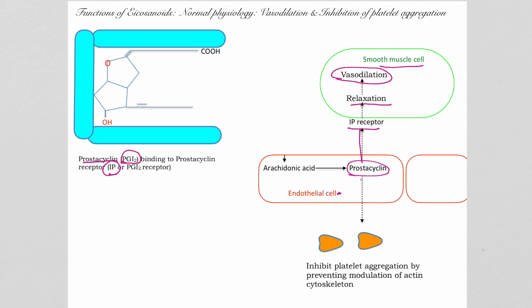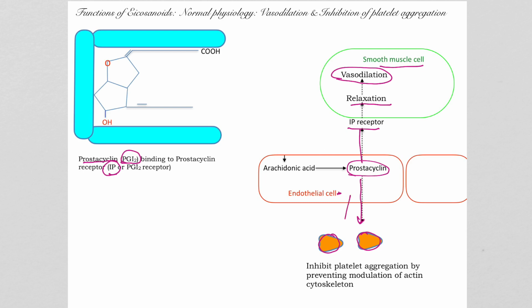A very important effect of endothelial cells is also production of prostacyclin, which prevents platelets from aggregating. And that's very important because under normal circumstances, we don't want platelets to aggregate.